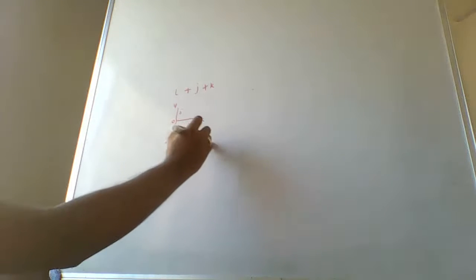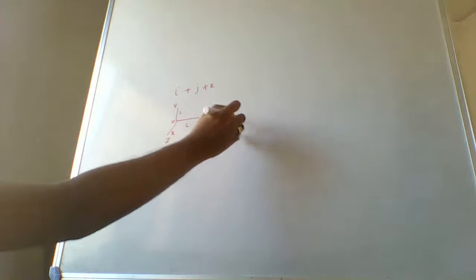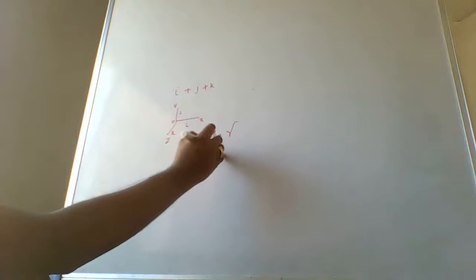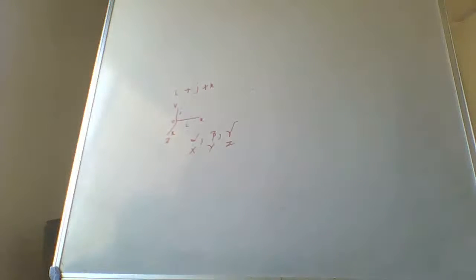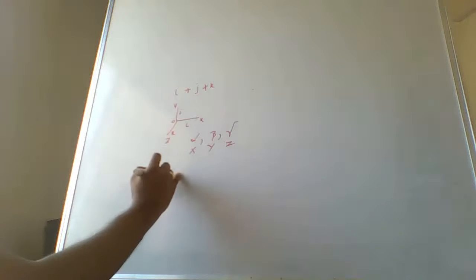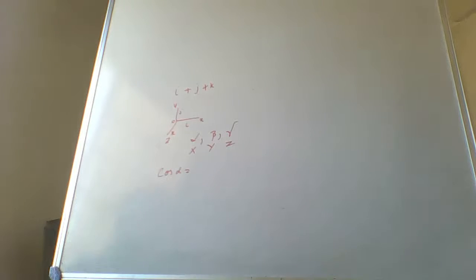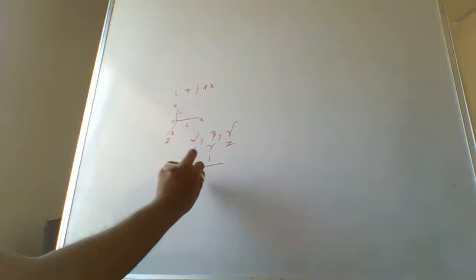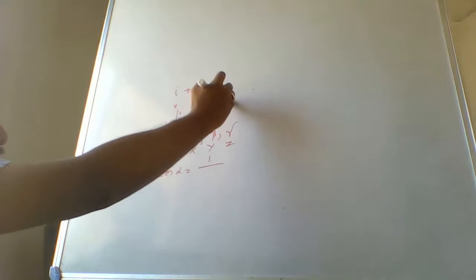What will be the angle? If I consider the angles as alpha, beta, and gamma with respect to the x, y, and z axes, then cos alpha will be 1 by the magnitude of this.